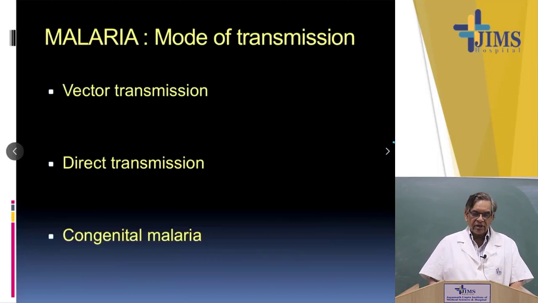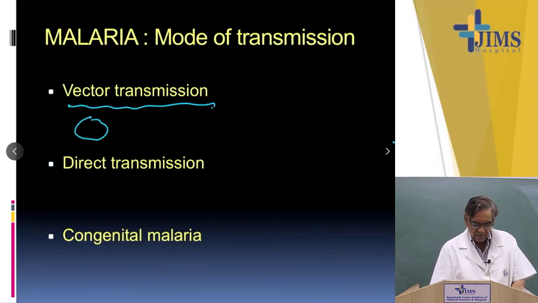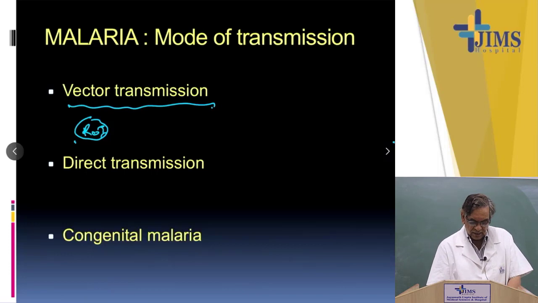When we talk about vector transmission, basically we have a reservoir of infection, that's an infected man. So the infected man is the reservoir of infection. He has the gametocytes, male and female, and these gametocytes are then ingested by the vector, that is the mosquito.